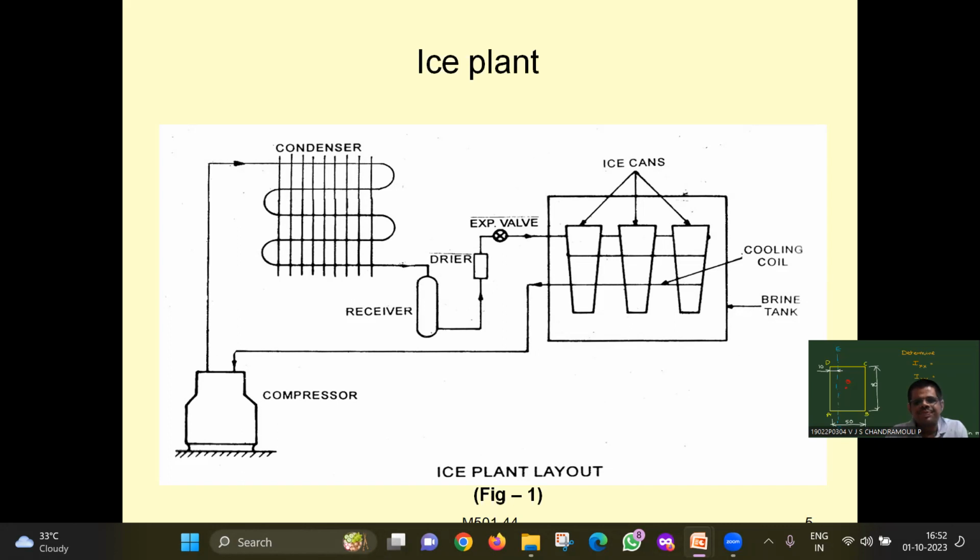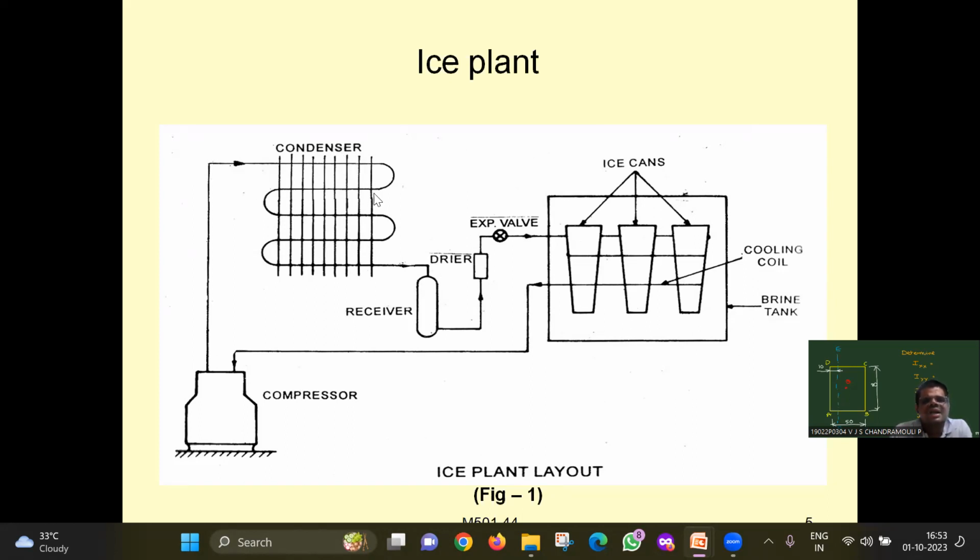Now, these evaporator lines are wound throughout the brine solution, so that the brine solution gets cooled, and in turn the brine solution absorbs heat from the water inside the ice cans, so that this water is converted into ice. Again, after that, the refrigerant is sent to the compressor, and from the compressor again it is sent to the condenser.